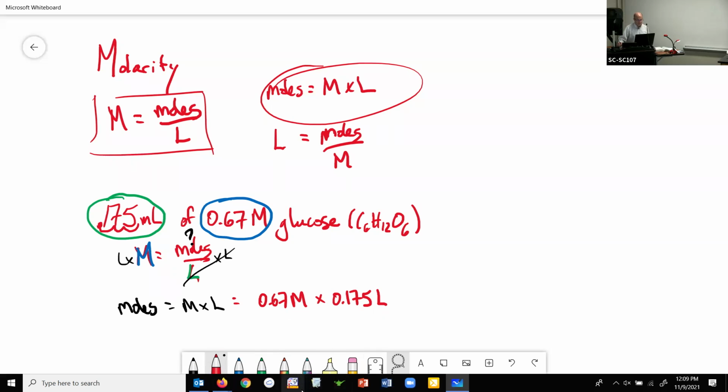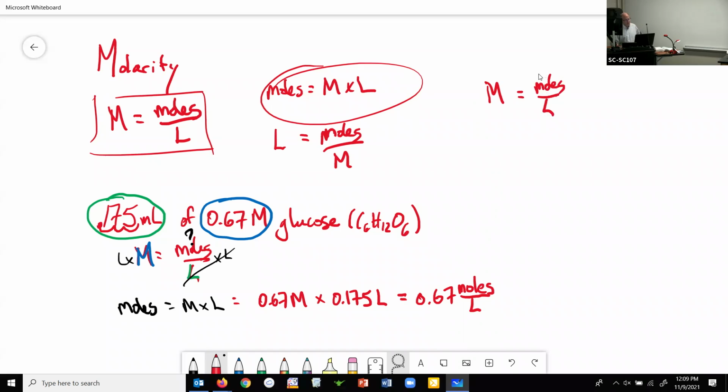Now I'm going to recopy this, because for that 0.67, I could rewrite the capital M as moles per liter. That's what the capital M means. Molarity is the same as moles per liter.